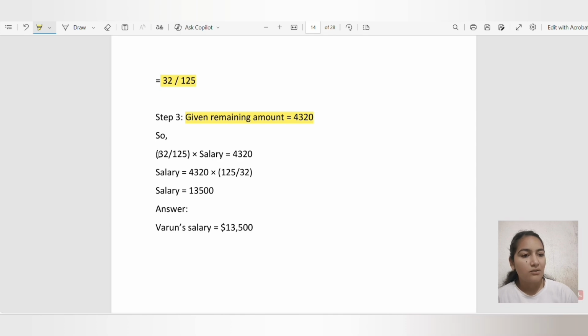When we equate these two, 32 divided by 125 into salary, because this fraction is of the salary, is equal to 4320. So now salary is equal to 4320 into 125 divided by 32. By solving this, the salary will be 13,500. Okay, so Varun's salary is $13,500.